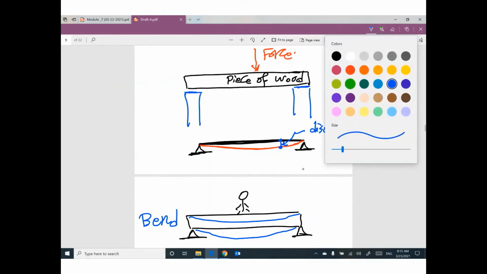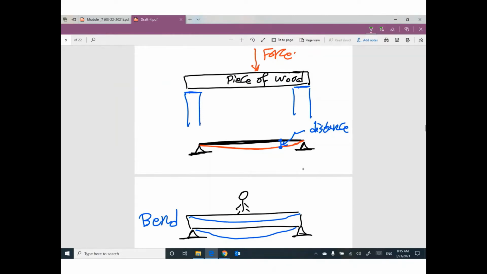The original position for this point, for example, was on a straight line. So the tangent for a straight line is a horizontal line. But the new position for this point is moved here, so we have a curve.